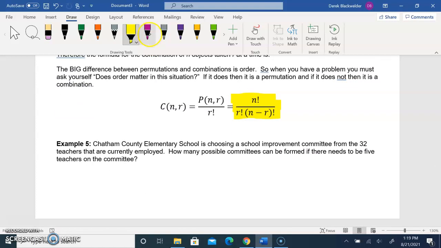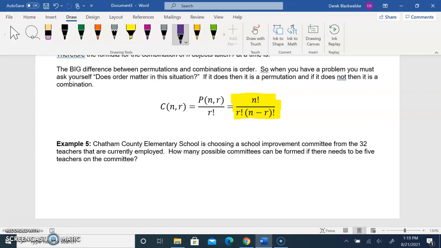So let's think about this. Chatham County Elementary School is choosing a school improvement committee from the 32 teachers that are currently employed. They want to figure out how many possible committees can be formed if there needs to be 5 teachers on that committee. If we went back to our old way of thinking, let's say order mattered.